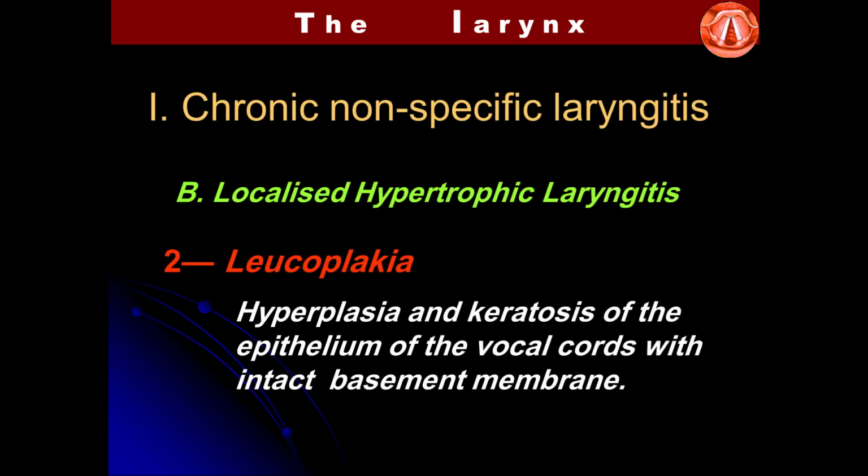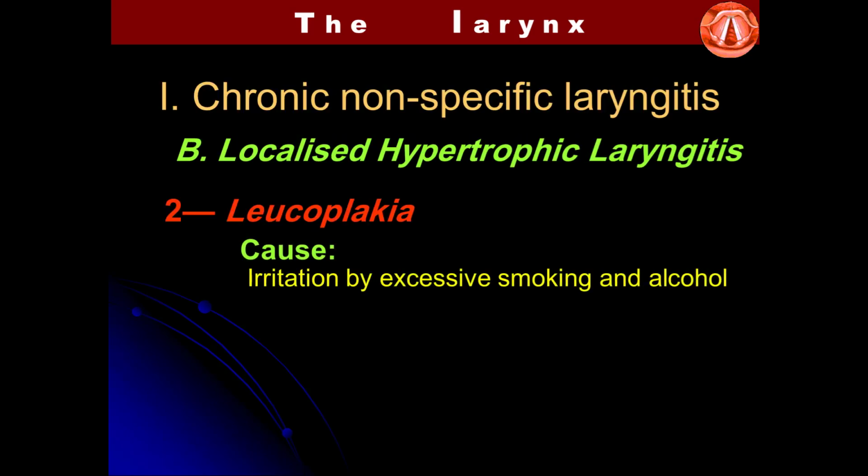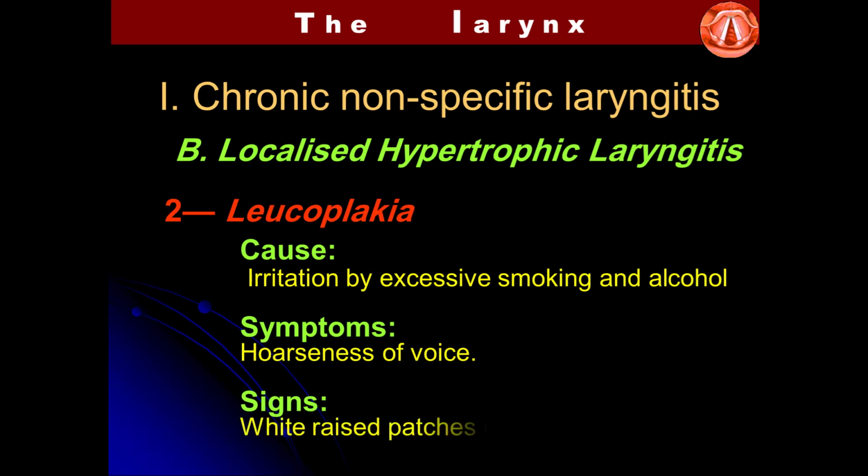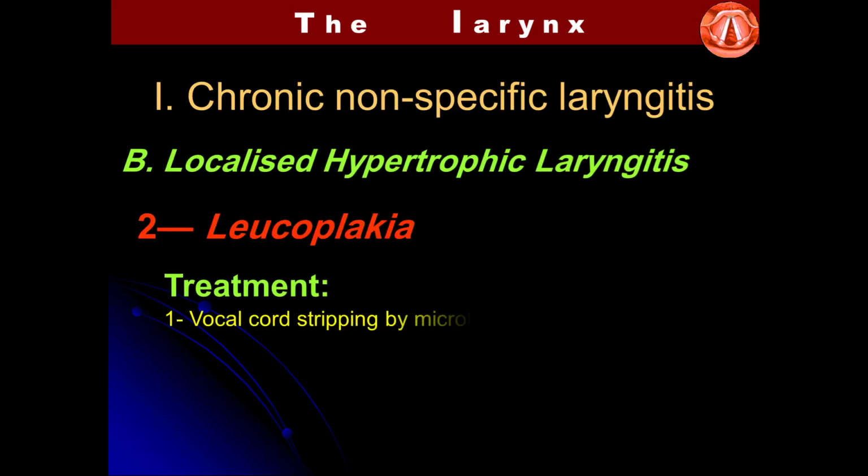As regards localized hypertrophic laryngitis, we have the issue of leukoplakia. Leukoplakia is a milky white patch present on the mucosa, usually due to hyperkeratosis and hyperplasia of the epithelium, but with an intact basement membrane. It is usually caused by persistent irritation from smoking and alcohol. The patient usually has hoarseness of voice, and you can see this white raised patch simply on examination.